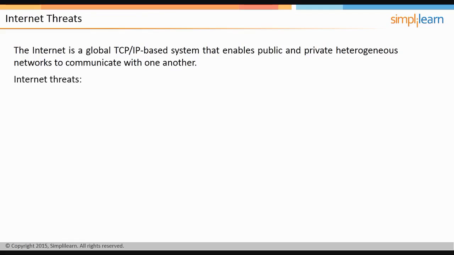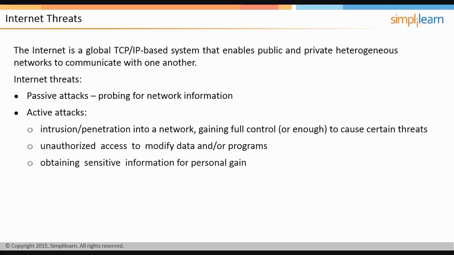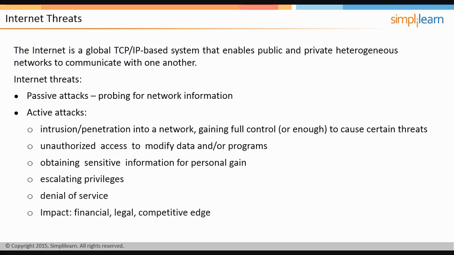Internet threats are categorized into passive attacks, which involve probing for network information, and active attacks, which involve intrusion or penetration into a network, gaining full control or enough to cause certain threats: unauthorized access to modify data and/or programs, obtaining sensitive information for personal gain, escalating privileges, denial of service. Impact could affect financial, legal, or competitive edge.